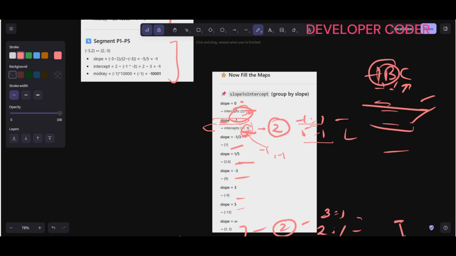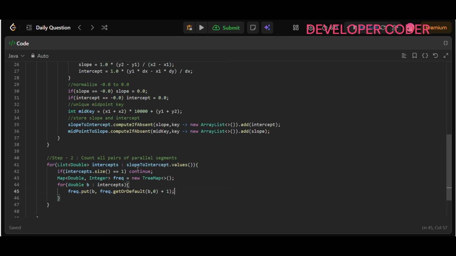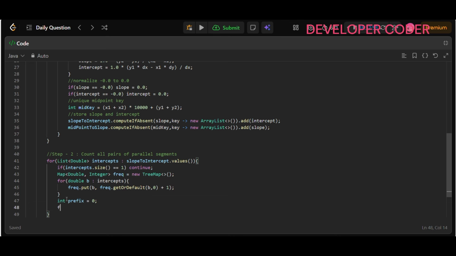Once I calculate the frequency of all this, then I'm creating int prefix value as 0, and then I'm going to write int count, and I'm just going to iterate over frequency dot values. What are different frequency dot values that we have?